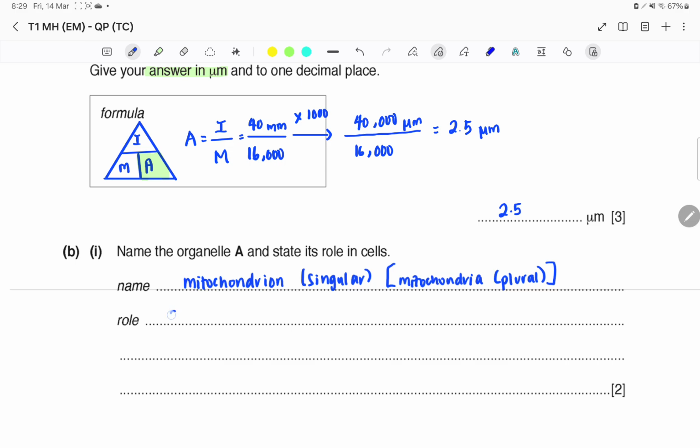Now the role is, this is the site for aerobic respiration to produce ATP.